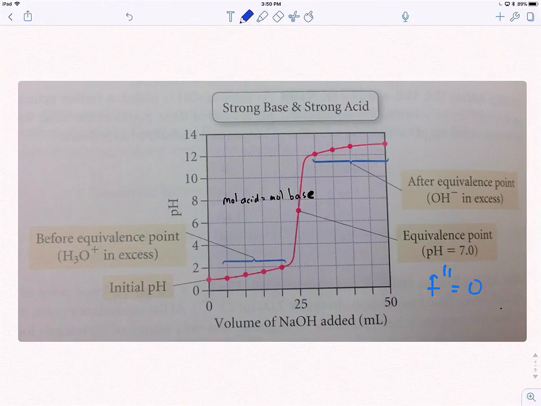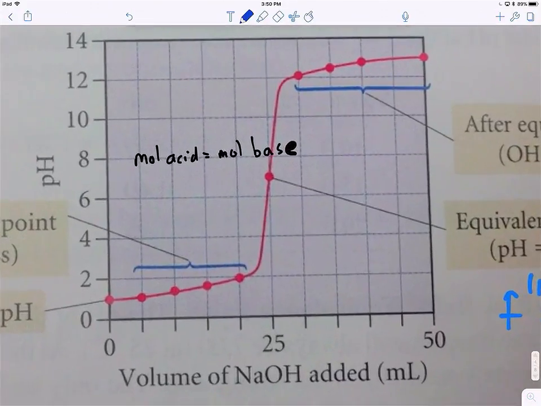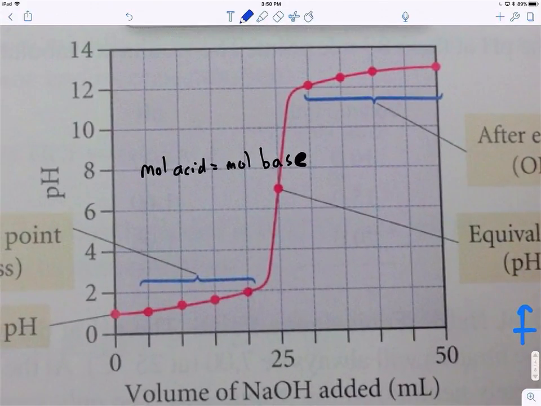And if you have a titration of a strong base and a strong acid, the initial pH, down here in this part right here, is a pH of 1. So that's about 0.1 molar hydrochloric acid. And then you start to add milliliters of base, and it creeps up slowly.